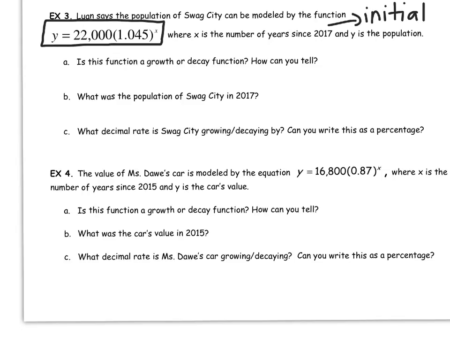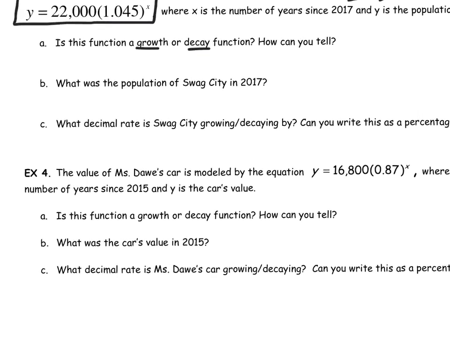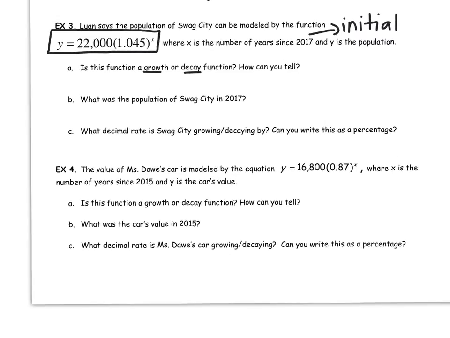All right, so the first thing it says is, is this function a growth or decay function? And so we just spent the beginning of topic 3 learning about how to write a growth or a decay function. And one of them in parentheses was 1 plus a number, and one of them in parentheses was 1 take away a number. This is why we did this problem up here to start with. So I want you to look in parentheses and think about our scenario.